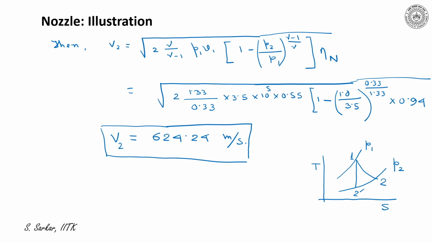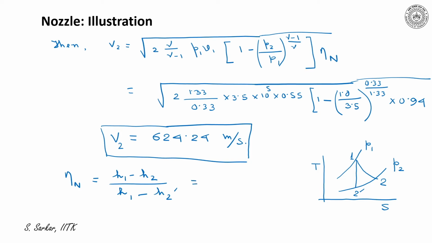Then I can write the nozzle efficiency eta n is equal to (H1 minus H2) divided by (H1 minus H2 dash). That means actual enthalpy drop divided by isentropic enthalpy drop within the nozzle.